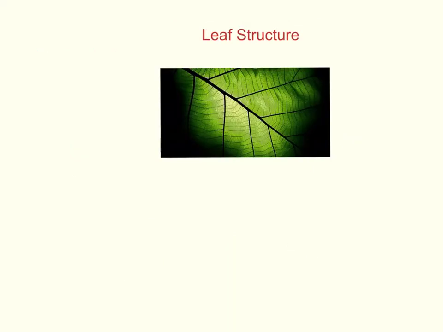So if you look at a leaf close up, you see it has a very beautiful set of structures that are for transporting nutrients and water to the very ends of the tree's reach.